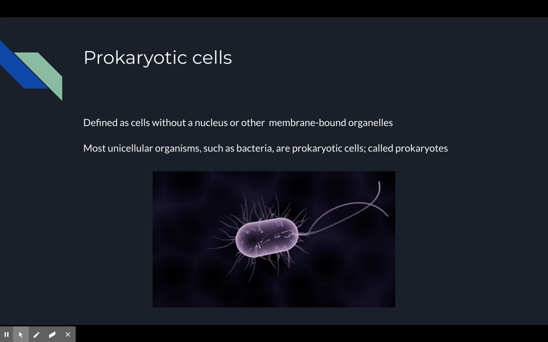But the big thing that you need to understand is that a eukaryotic cell has a nucleus and a prokaryotic cell does not. That's going to be the one defining thing. There are several things that you can tell apart, because eukaryotic cells have several organelles. But the nucleus is the defining one that a prokaryote would not have versus a eukaryote having it.